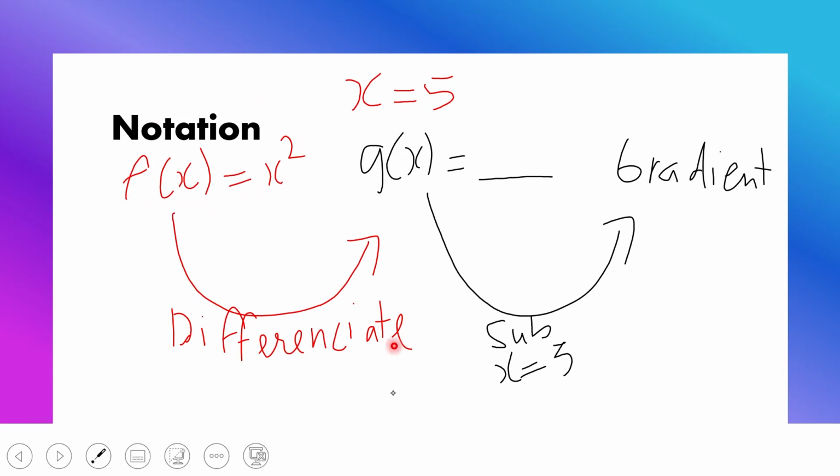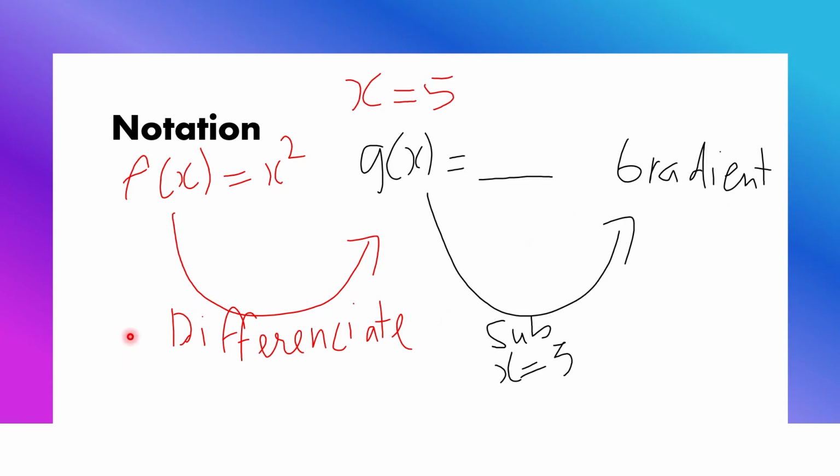You differentiate it, and from the differentiated function, you get another function, g of x, right? And then in g of x, you just sub in the point that you want the gradient at. So I want x equals 5. So you would just sub in x equals 5 into this differentiated function, and then you will get the gradient at that particular point. It is a very cool method, right?